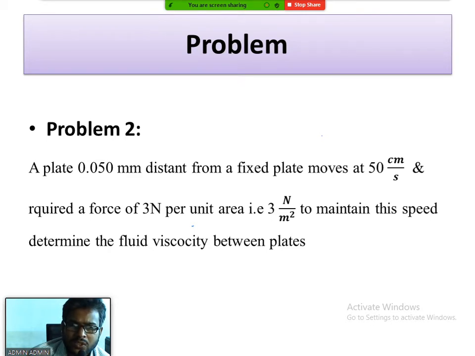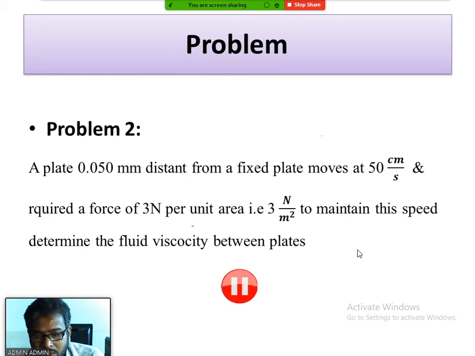A plate 0.050 mm distant from a fixed plate moves at 50 centimeter per second, and it requires a force of 3 Newton per unit area, that is 3 Newton per meter square, to maintain the speed. Determine the viscosity of the fluid between the plates. Okay, we have to calculate this problem.